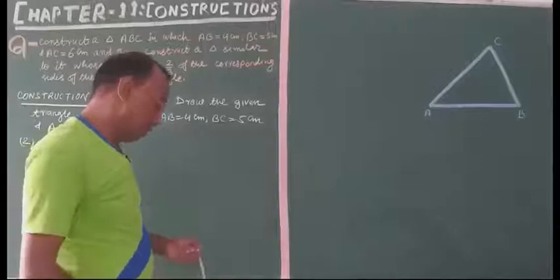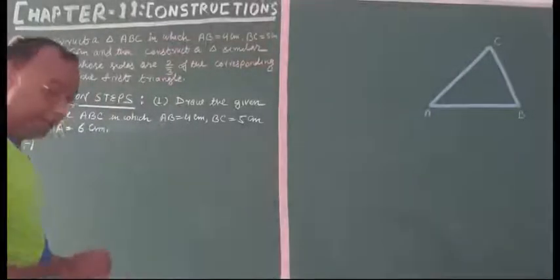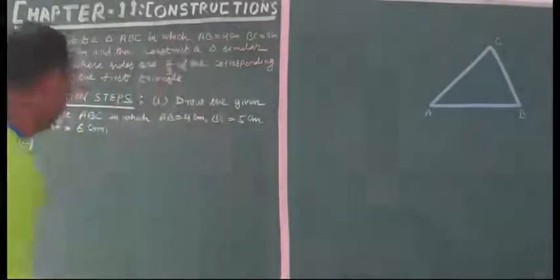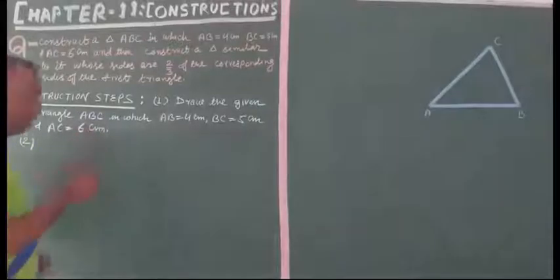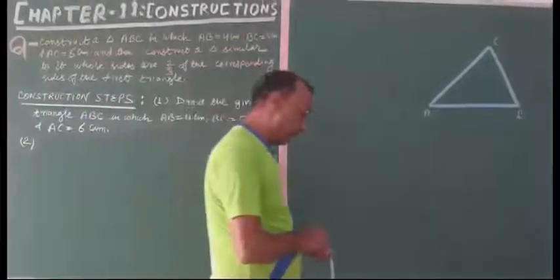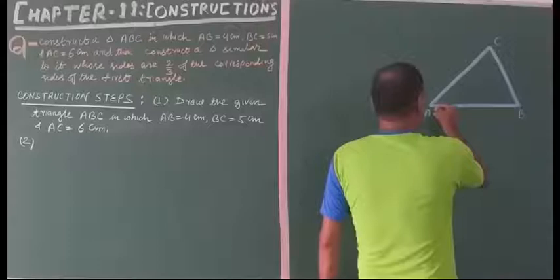Now, what is in step number 2? We will draw a ray in the downward direction.